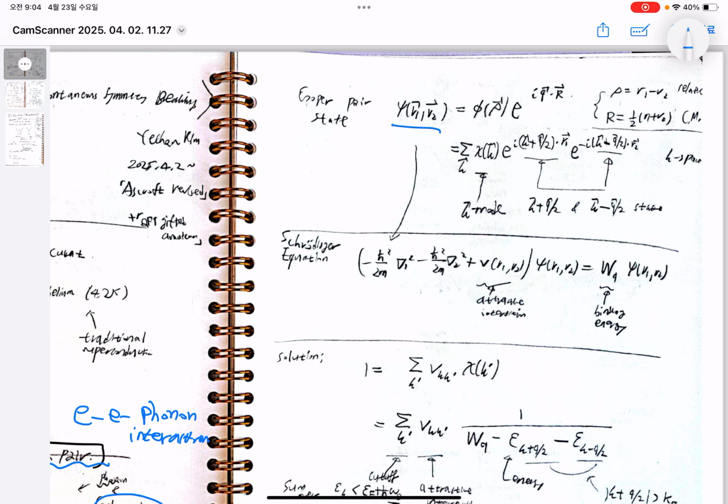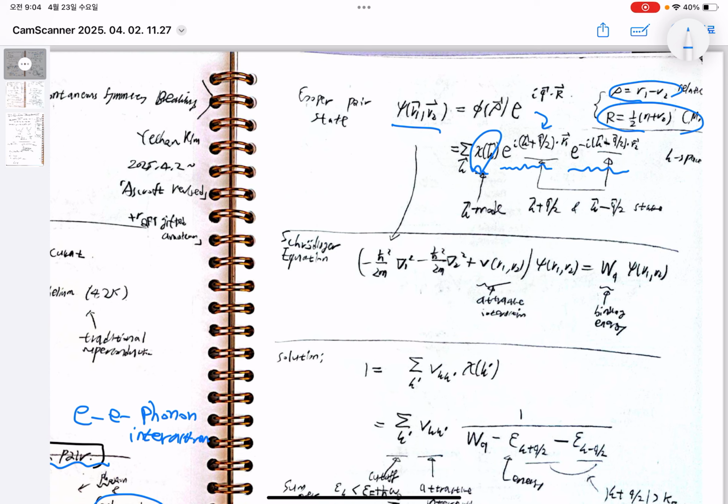Such a Cooper pair state can be described by the following wave function in the quantum mechanics regime. We can define the relative distance and the center of mass. This can be expressed in momentum space by the Fourier transformation. So here is the k mode wave function, and the k mode is given by the plane wave form.